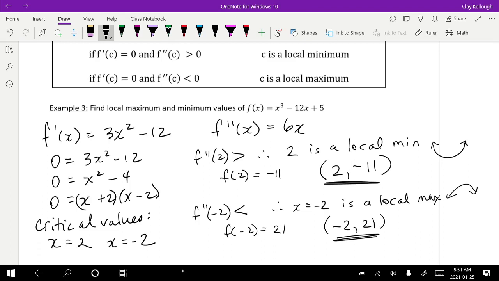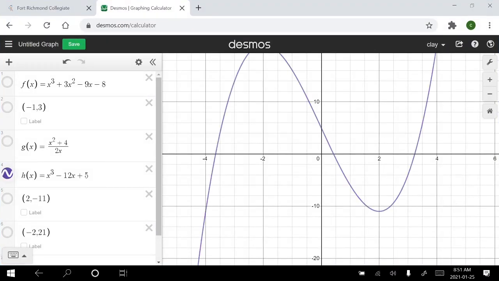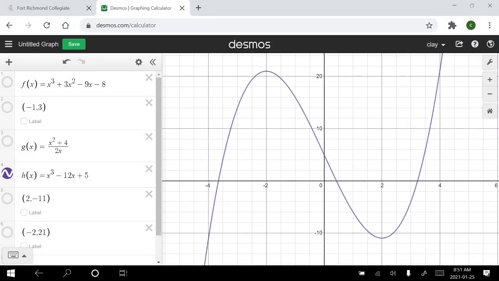Let's just see if I have that right. Let's go to Desmos. There's the function. Yep, looks to me like I have a point here, right? Point there. Let's see, are they the right points? Yep.